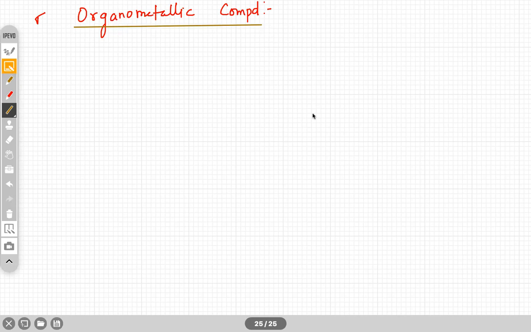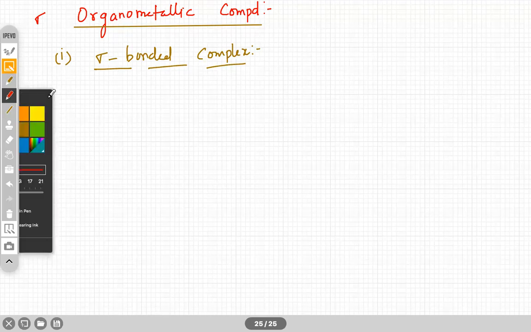The first type we have is the sigma bonded complex. Simple. In this type of complex, there is a sigma bond between the carbon and the metal. So carbon and metal are joined with a sigma bond.